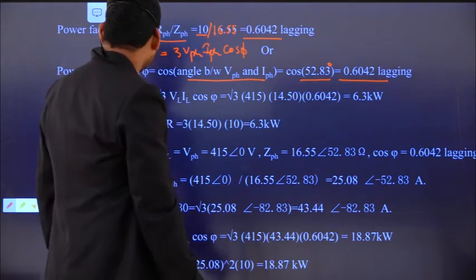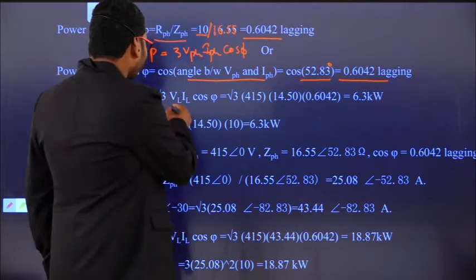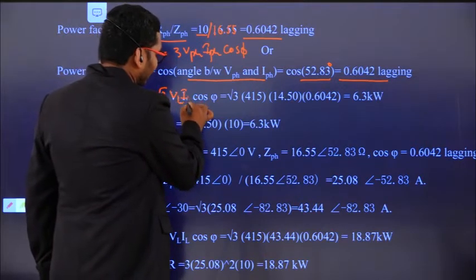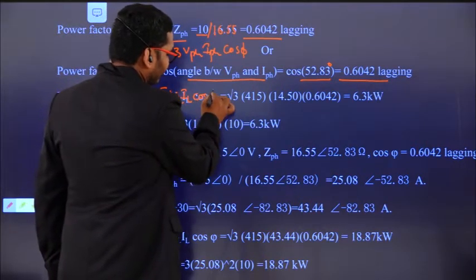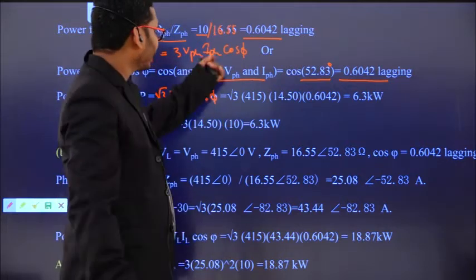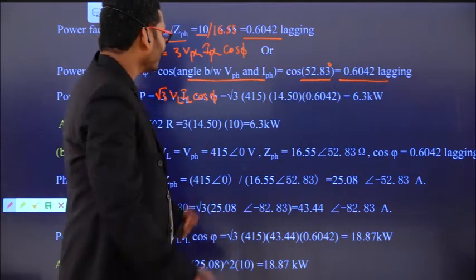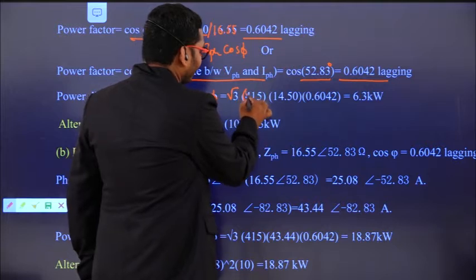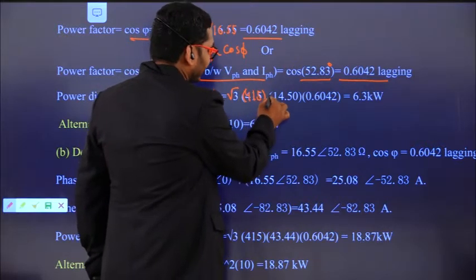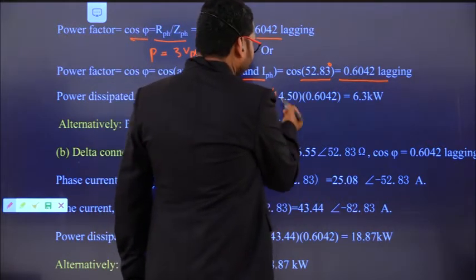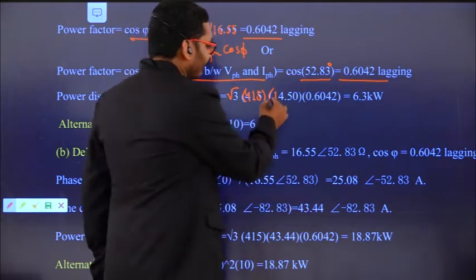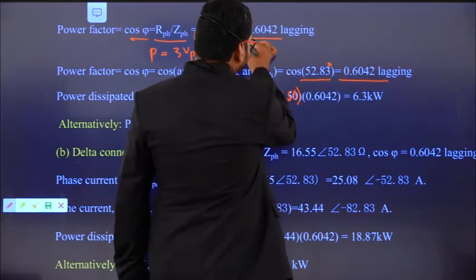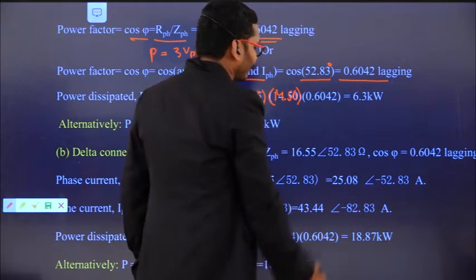Okay, so now you can find out the power dissipated: root 3 VL IL cos phi, or you can also find out 3 V phase I phase cos phi. So this is the root 3, the VL is just 415, and the I line and I phase are both the same, 14.50, into cos phi, which is 0.6042.